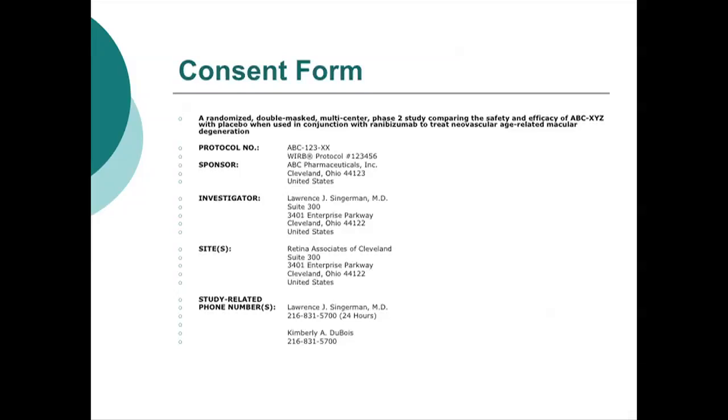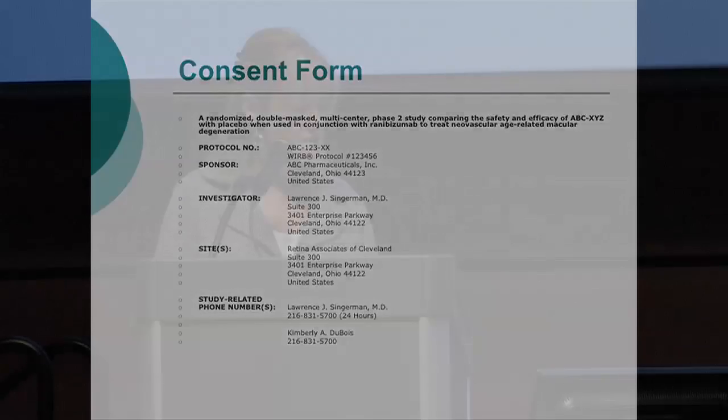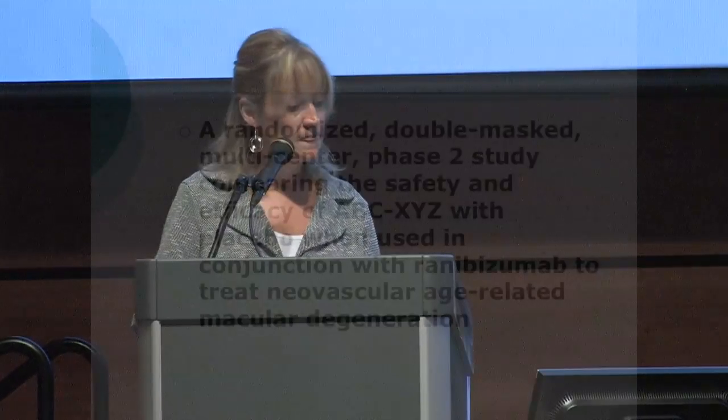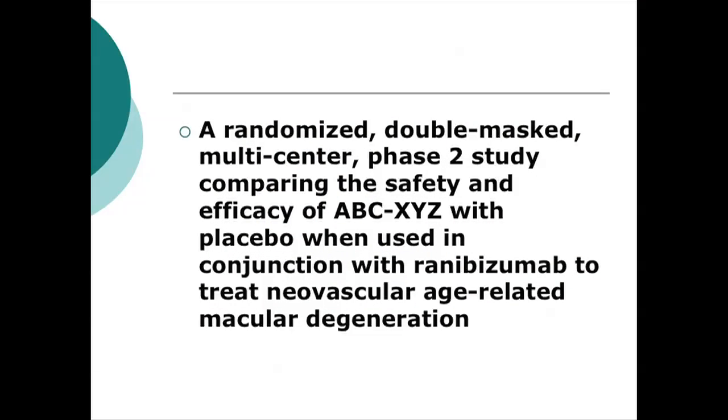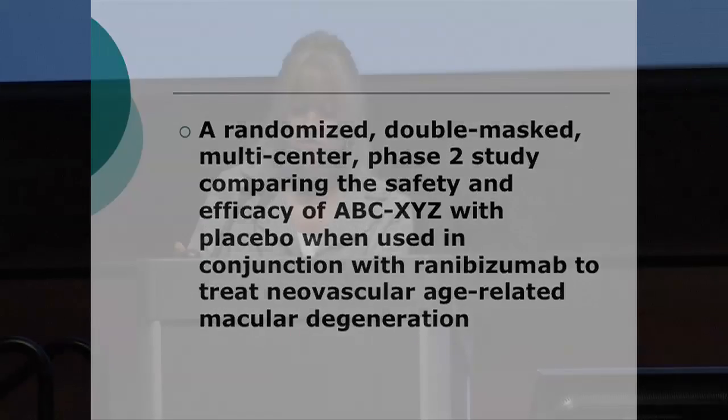Now that we've talked about some terminology, let's see if we can figure out what this study is. It says this study is a randomized, double-masked, multi-center phase 2 study comparing the safety and efficacy of ABC XYZ with placebo when used in conjunction with ranibizumab to treat neovascular age-related macular degeneration.